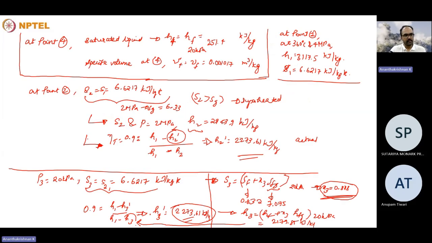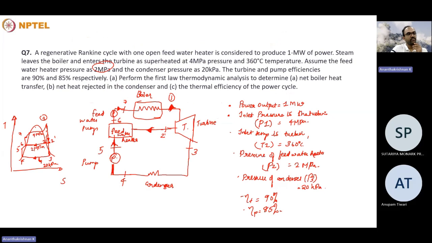So for now, this is point 5, and then there is a turbine, and it mixes together in the feed water and produces water at point 6. So the pressure at point 6 will be the same as that of 2 megapascal. Then we have to calculate the enthalpy at point 6.